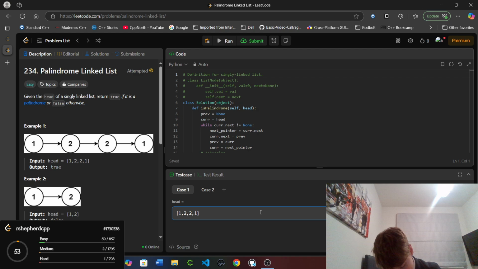And then finally, outside, we just return true. Okay, so what I was talking about before, if I had two middle values, the left side would just keep going, but then the right side would be equal to none. So it doesn't really have anything to do with the double middle value.